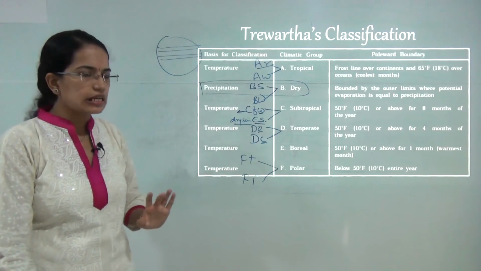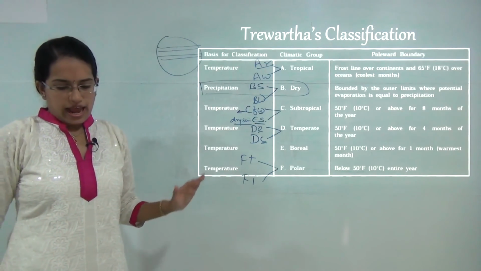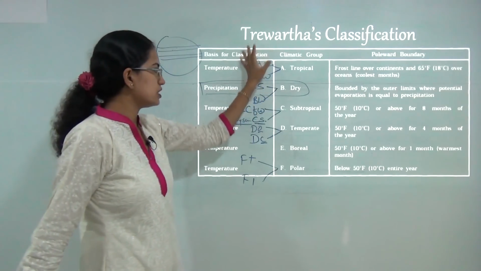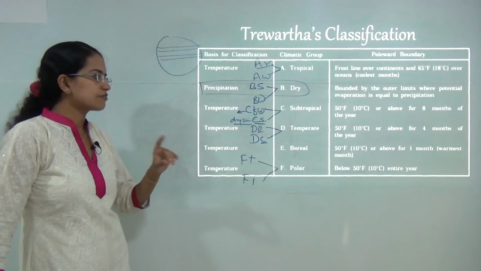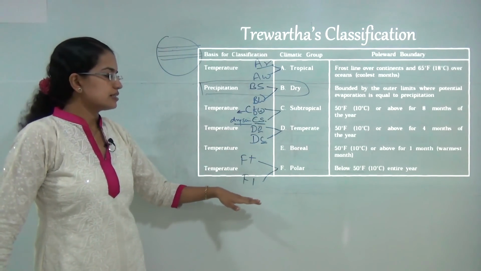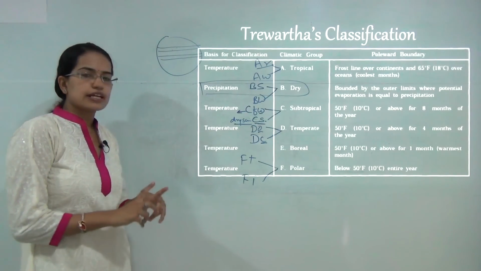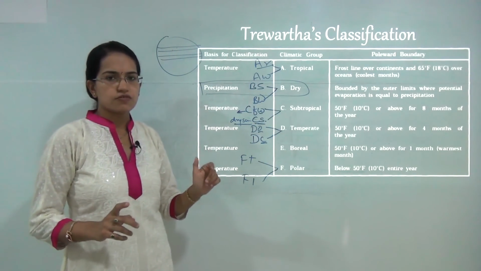It was not a 3-letter classification or 3-system classification as given by Köppen, and the boundaries that were demarcated for these subzones were based on the climatic average of 30 years, and that was the only drawback that this classification faced, because 30 years is a long duration and there can be numerous climatic variations that can be seen within the span of 30 years.